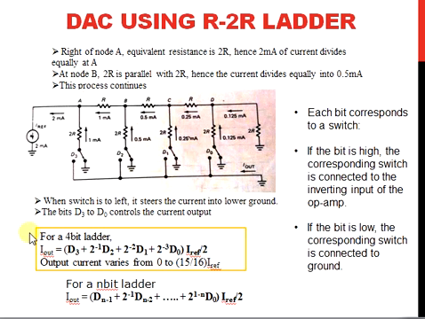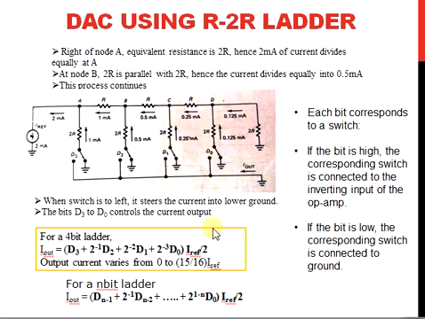The corresponding output current at this point will be, we can see, D3 by 2 actually, because that is I reference by 2. So I reference is 2 milliampere divided by 2 into D3. That is the first unit here. Then plus D2 by 2 plus D1 by 2 raised to 2 plus D0 by 2 raised to 3.